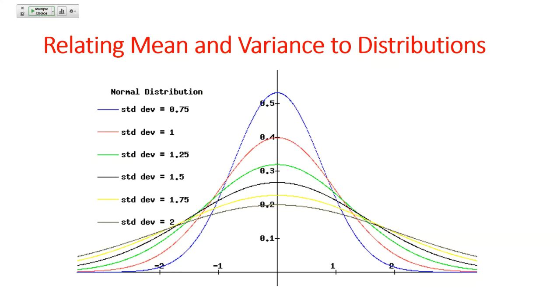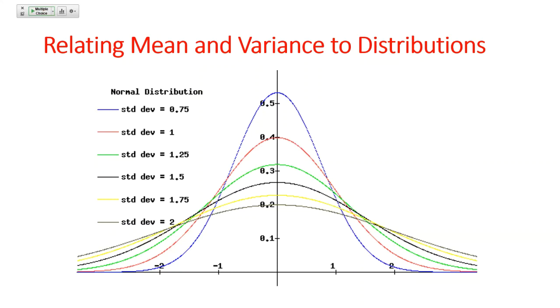What happens if instead, I'll go over here, what happens if I've got two distributions and they have the same variance, but one of them has a higher mean, right?